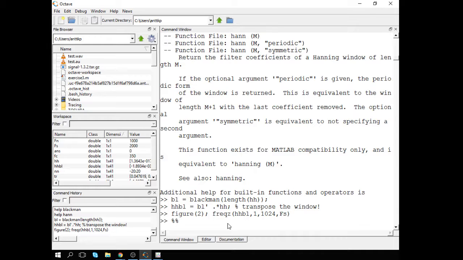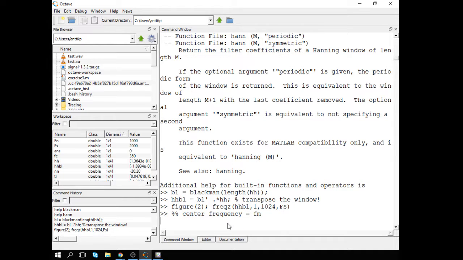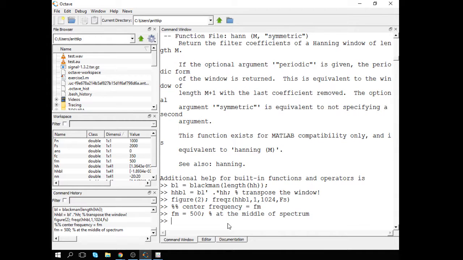So for that one, I will just select the center frequency, which is the same as the modulation frequency at the middle. So Fn divided by 2, which is 500 hertz. Okay, not 5,000, but 500 hertz, and the middle of spectrum. There we go.